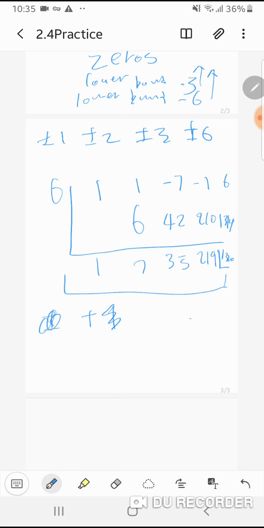Because we didn't end with the 0, that means that 6 is not a 0. It's not a value of x that makes y 0, yeah?